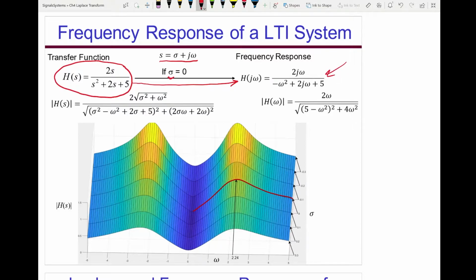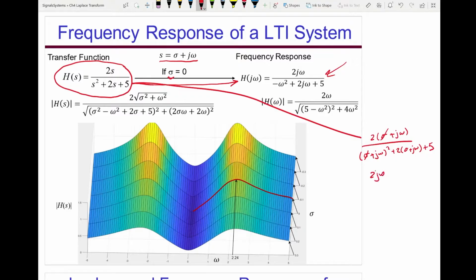So instead of s, I write sigma plus j omega, and if you set sigma to be 0, this is the frequency response of the system.